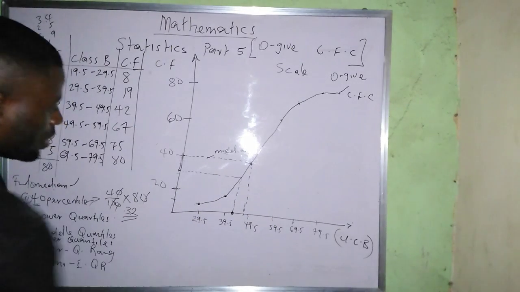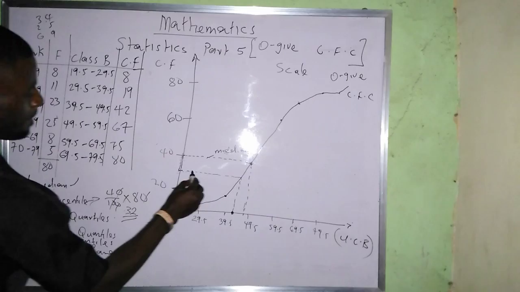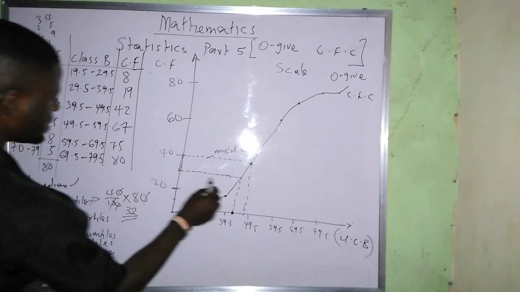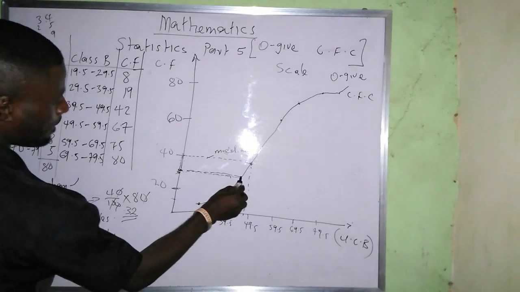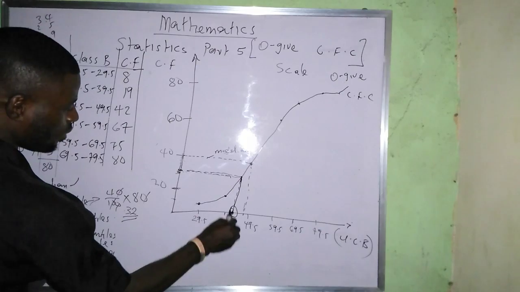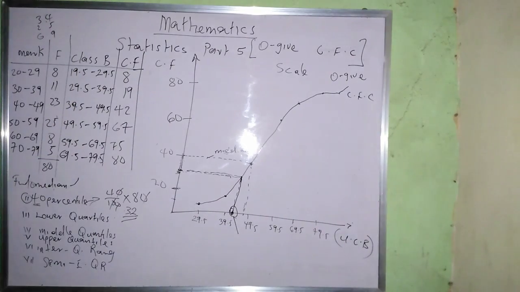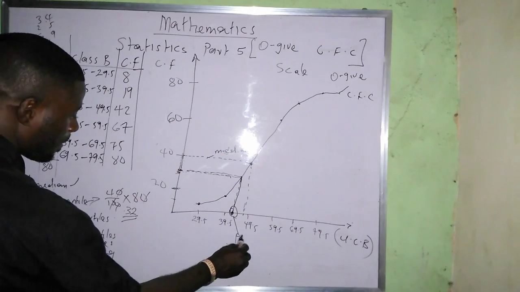Now that is my percentile. Since I have my 32, my 30 will be around there, 32 will be around there. Now you trace down, and any number that is 4 here is my percentile, 40 percentile.